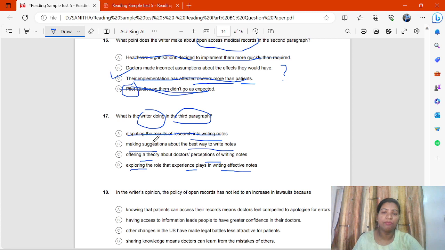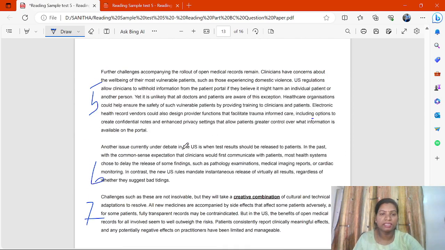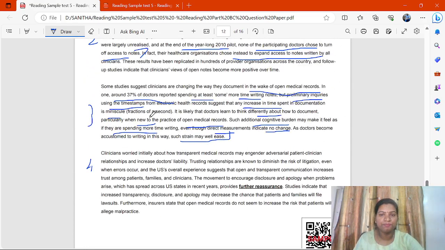Making suggestions about the best way to write notes. What is the writer doing here? Making any suggestions about the best way to write notes?